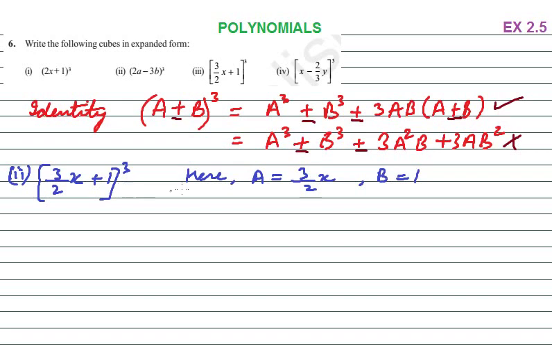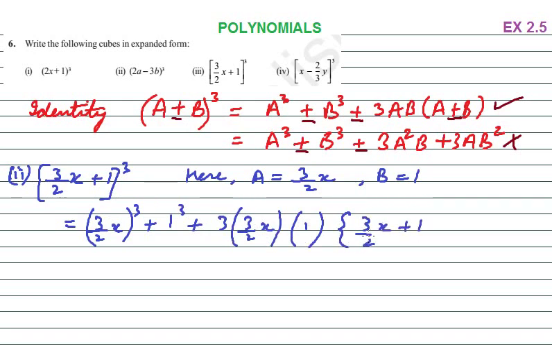Now let's start with the identity. We know that (a plus b) whole cube is this much, and why plus? Because in the question also we have a plus sign here. So (a plus b) whole cube is a cube plus b cube plus 3ab(a plus b), that is 3 by 2x plus 1.